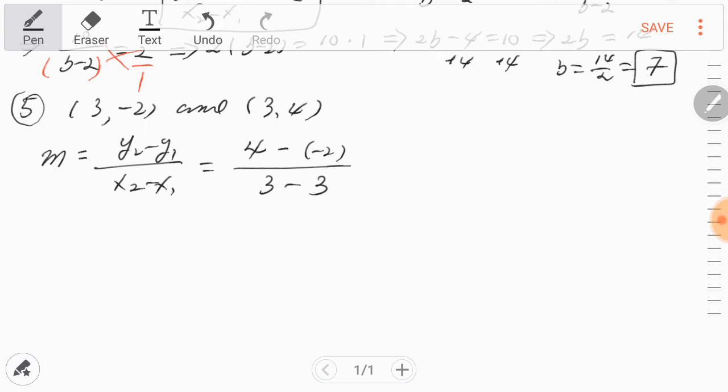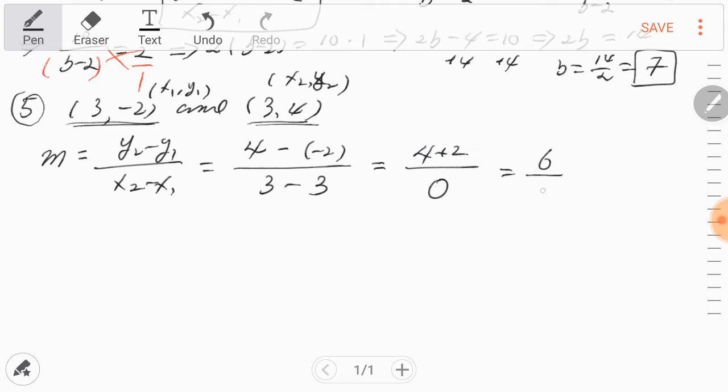Just like the previous example, let's use the first point and second point. The second point is x2, y2. This is x1, y1. Then the numerator is 4 plus 2 is 6, right? The denominator is 0.